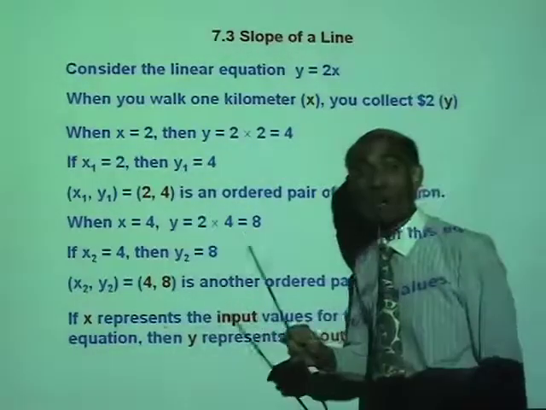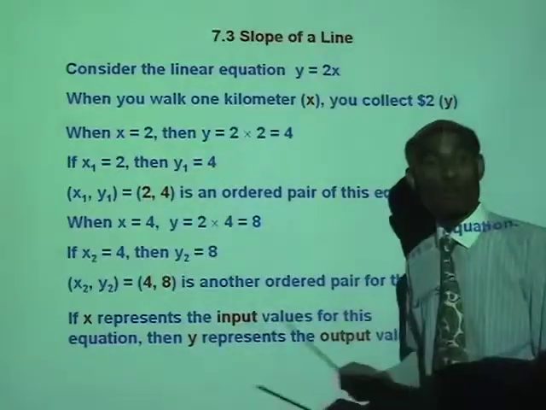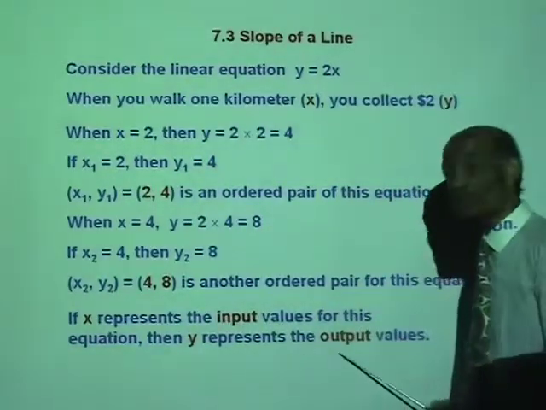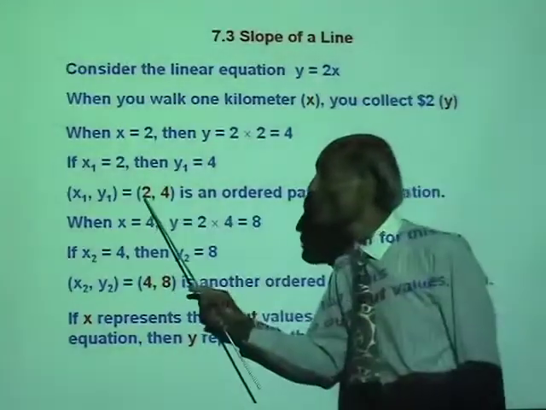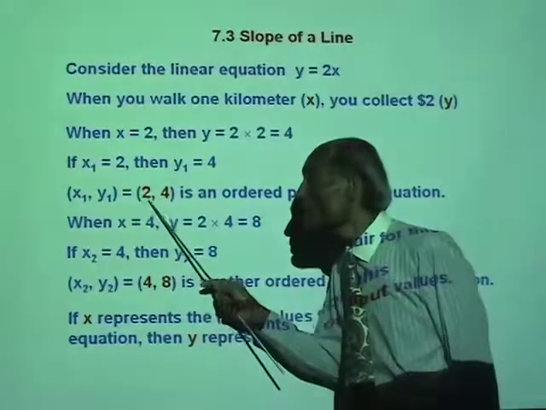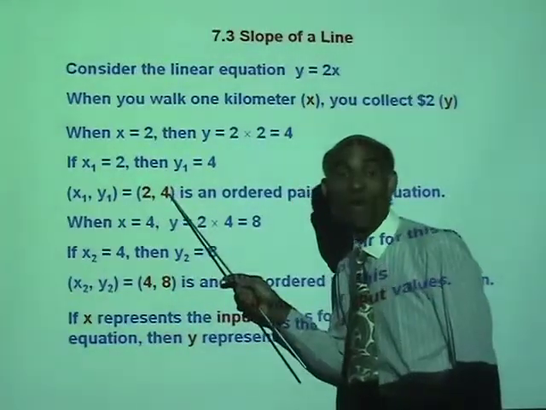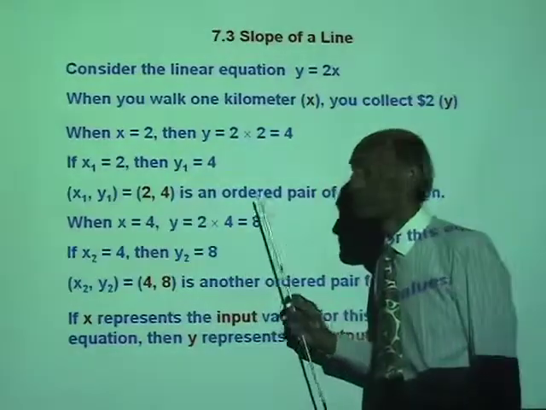Alright, you know this. If x represents the input values for the equation, then y represents the output values. And therefore, if you look at each of these ordered pairs, when the input equal to 2, the output equal to 4. That is one ordered pair.